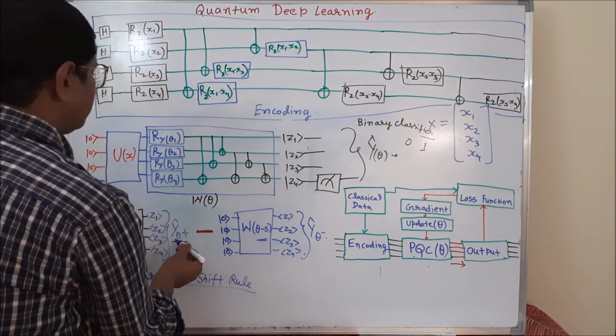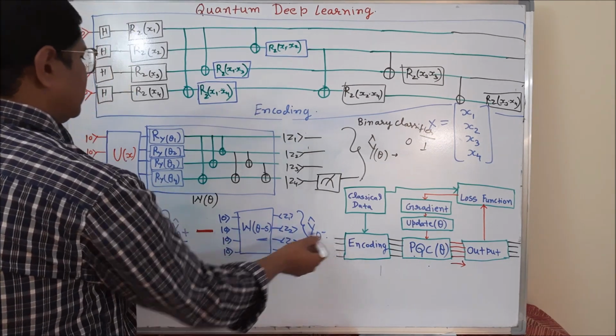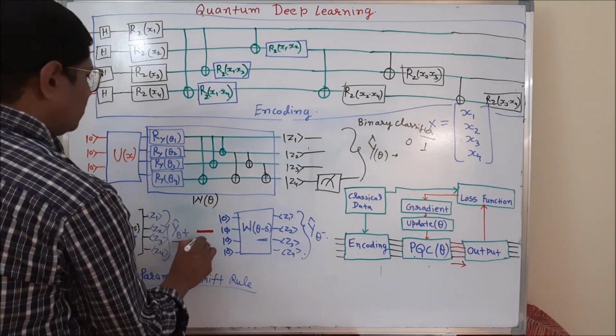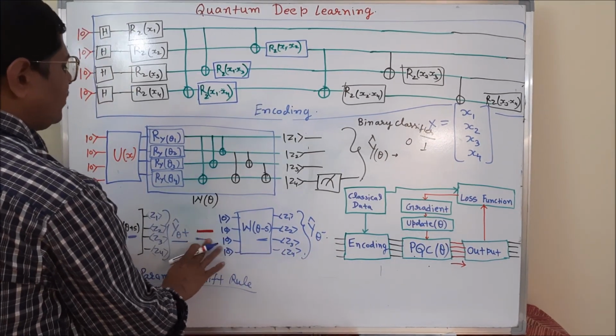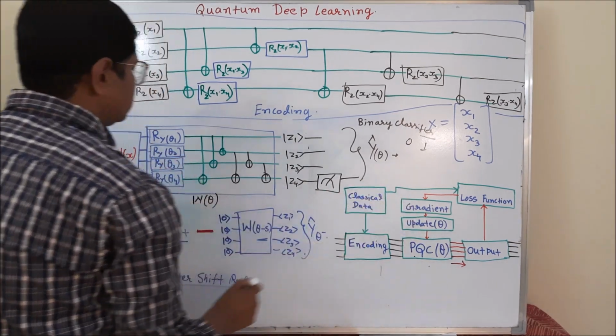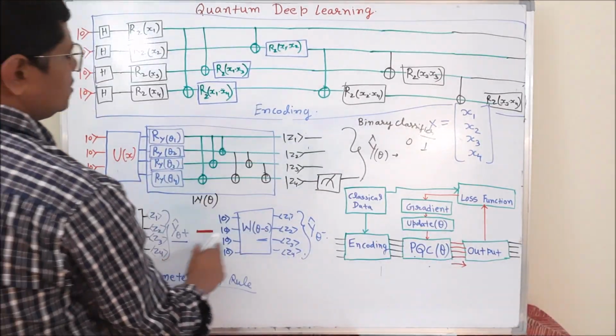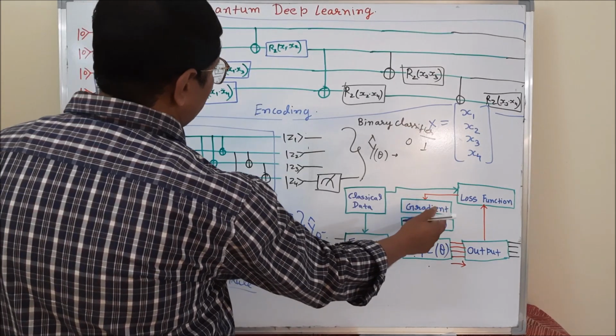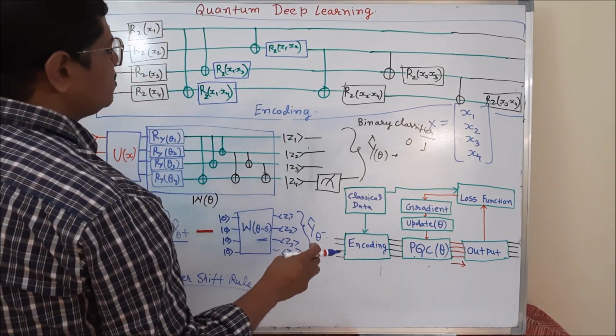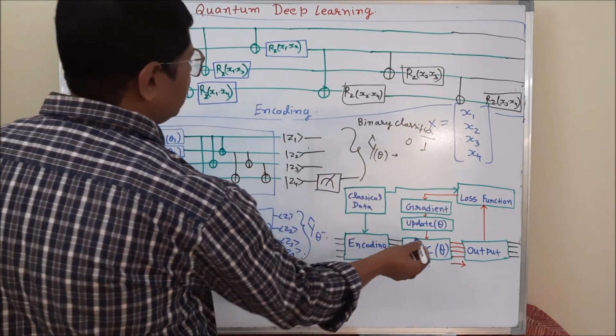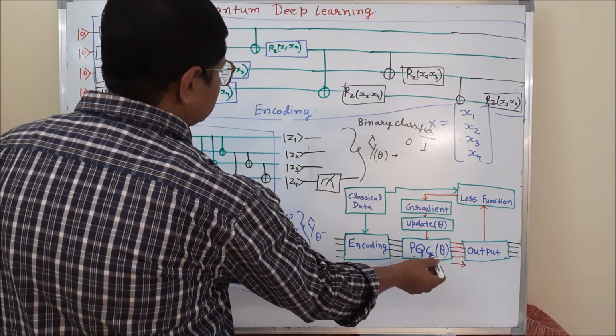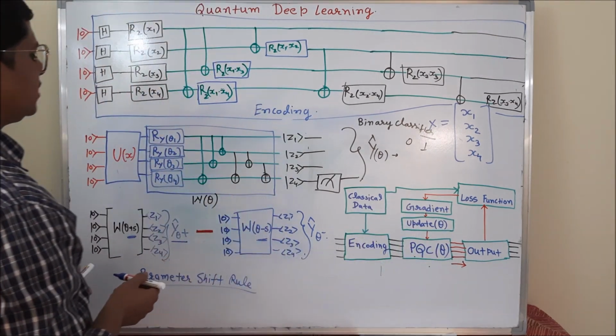With the outputs from both cases, from the difference in output, we compute the gradients, and based on the gradients we identify the possible value to be updated for each of the parameters in the parameterized quantum circuit.